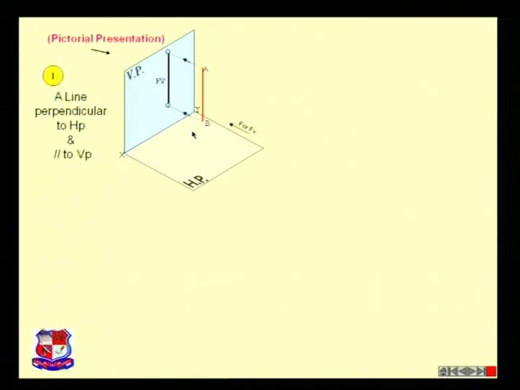How will this line look from the top view now? The front view component will always come in the A dash and B dash direction, as already discussed in the projections of point lecture. If we are talking about the front views, the lettering should be like A dash, B dash, C dash and D dash.